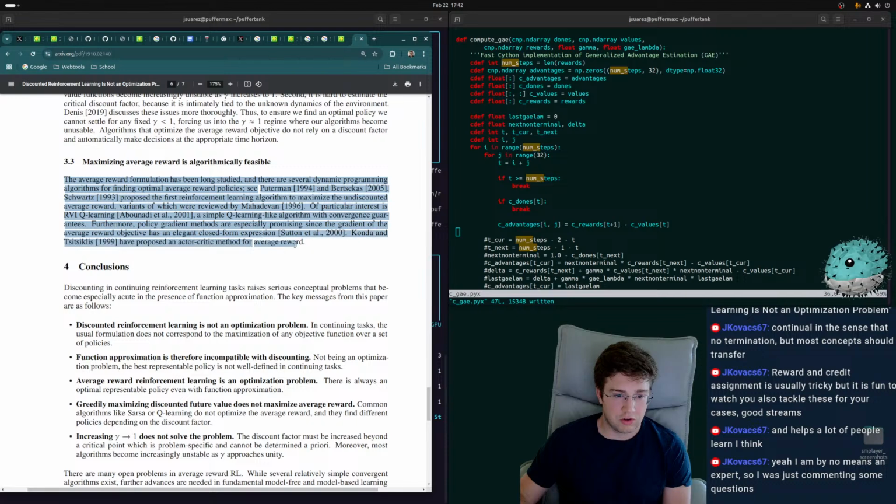I mean, this is their alternative. They just link a bunch of papers from the 90s with dynamic programming. That doesn't do jack for this.